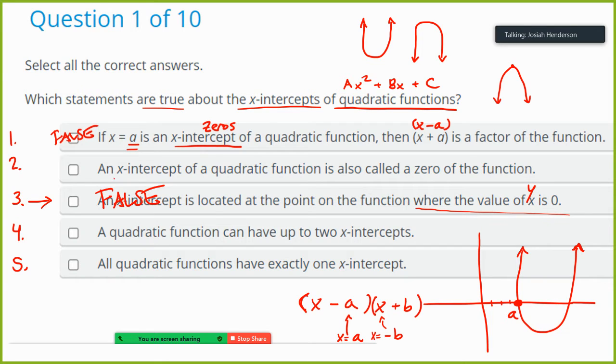Number 2, an x-intercept of the quadratic function is also called the 0 of the function. Any thoughts on number 2? An x-intercept of a quadratic function is also called a 0. Can anyone speak to that for me?